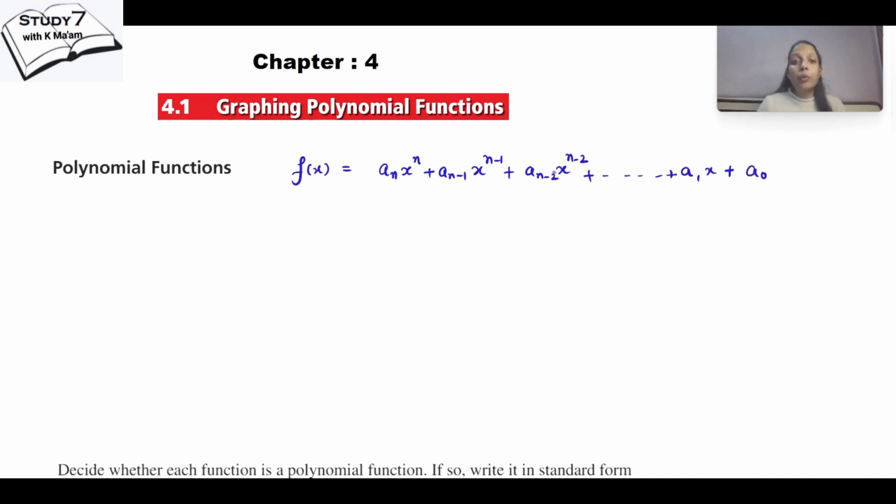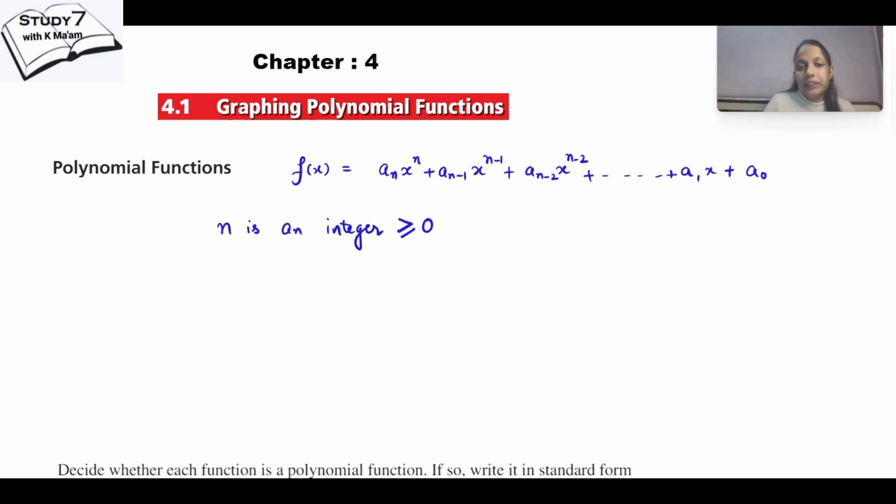It's a polynomial function. The property of a polynomial function is that the power of x that you're choosing, x^n, has n as an integer greater than or equal to 0.